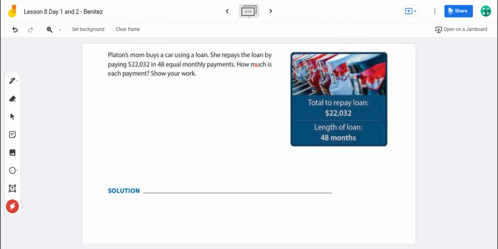How much is each payment? Show your work. So they want us to divide the amount that she borrowed by the 48 months. I would challenge you to take a pause here and try this one on your own.